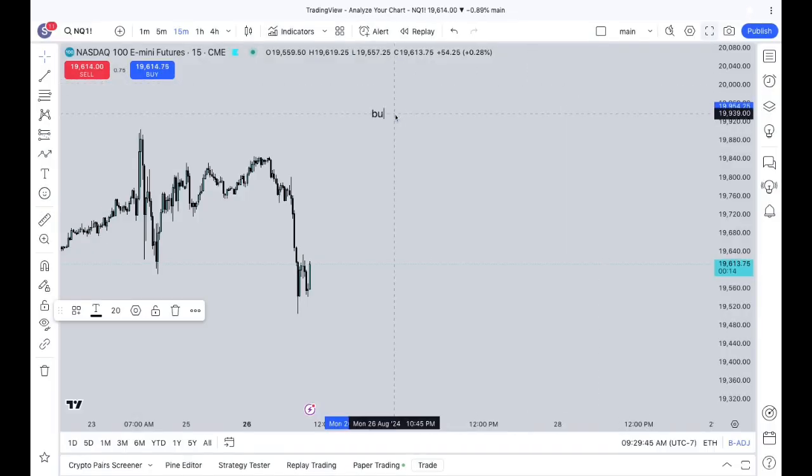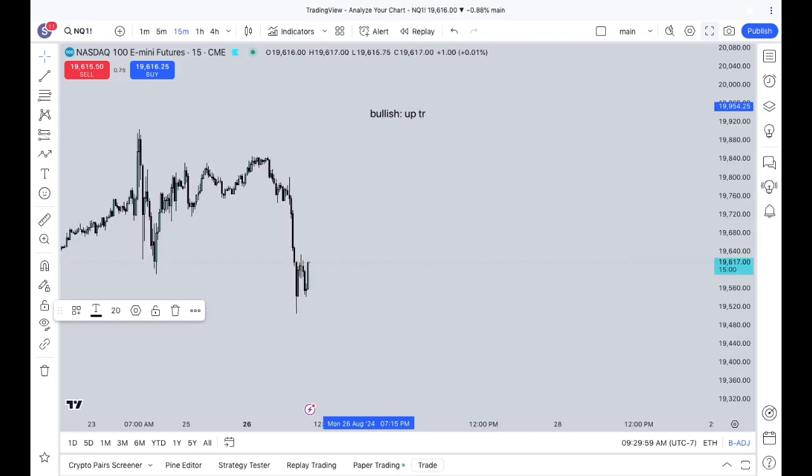All right, so for bullish we have uptrends, and for bearish we have downtrends.